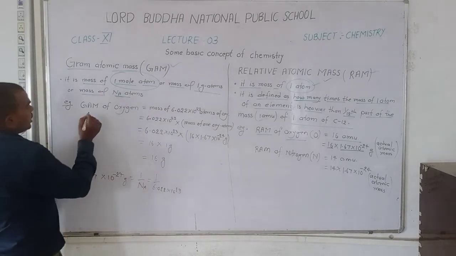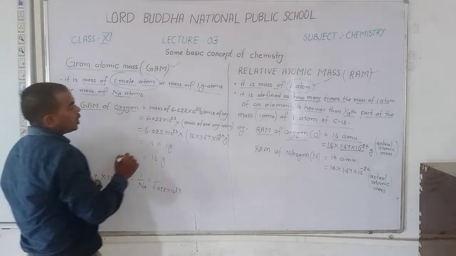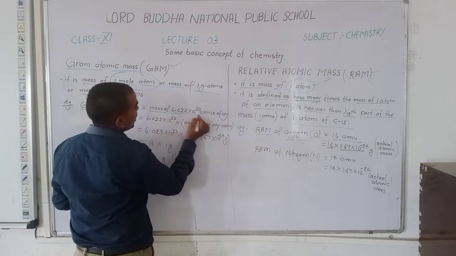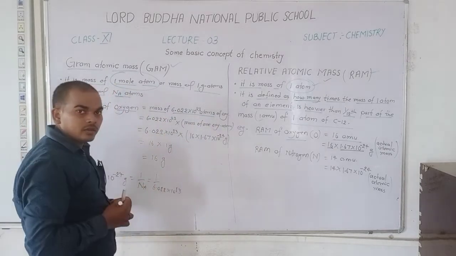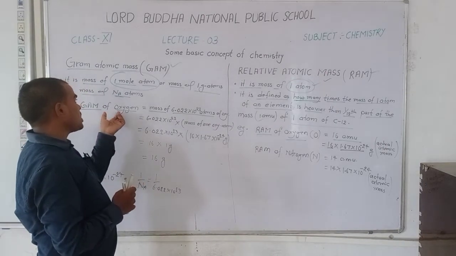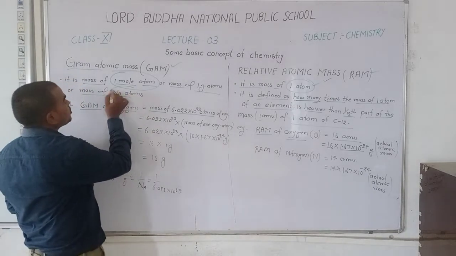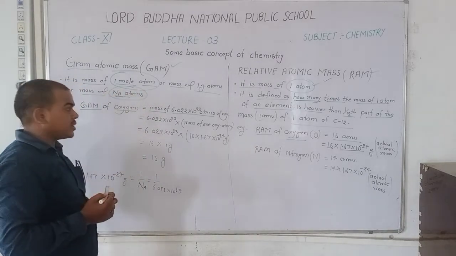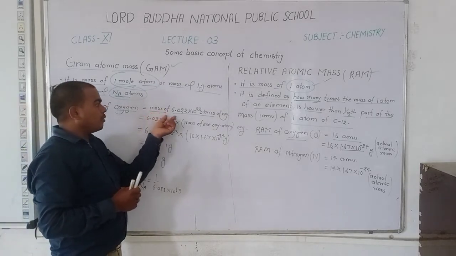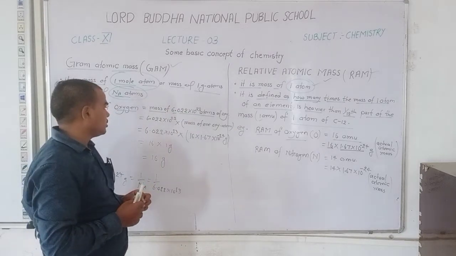For example, the gram atomic mass of oxygen is equal to the mass of 6.022 into 10 power 23 atoms of oxygen, because gram atomic mass is the mass of Na atoms. So we write here the mass of 6.022 into 10 power 23 atoms of oxygen.